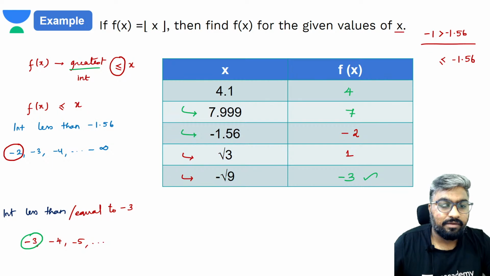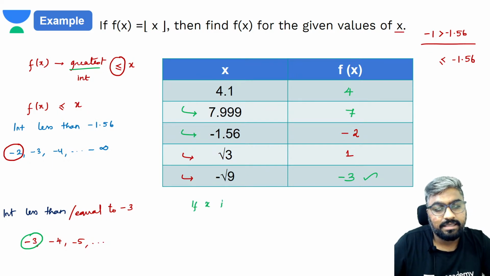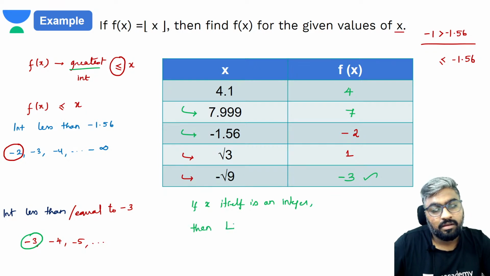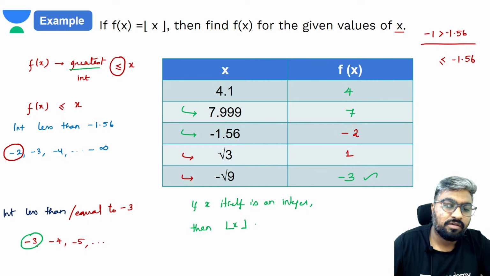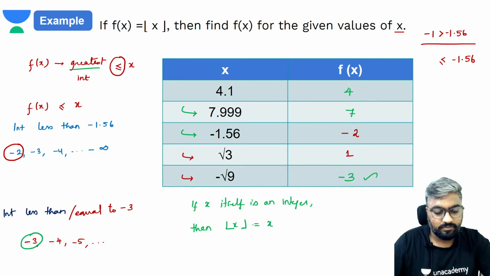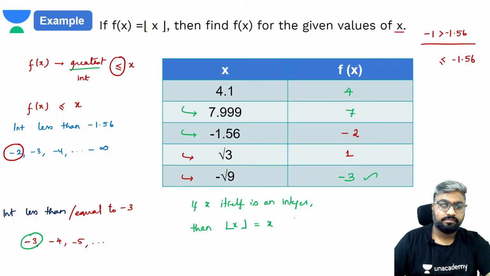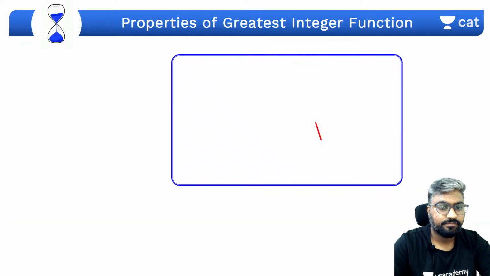Please understand, if the term itself is an integer, if x itself is an integer, then greatest value function of x will be x itself. समझ गए everyone? कोई डाउट नहीं है ना यहाँ पे? ठीक है, -3 is the right answer, not -4.